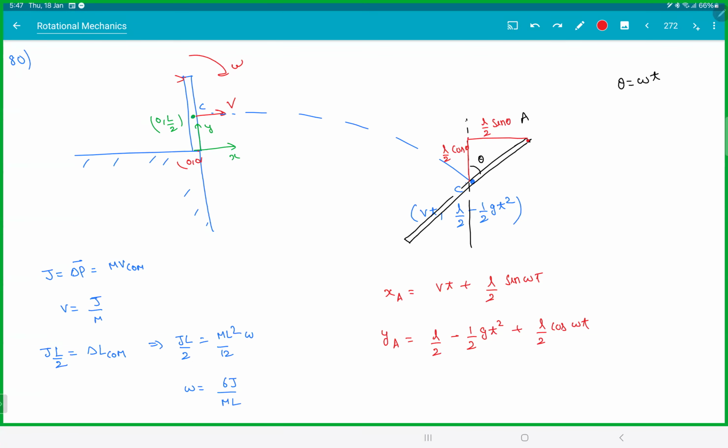So this ball is going with U and rotating with omega. Friction is mu, restitution is E. It's a solid sphere, with mass and radius given, and the ground is rough. So a ball collides with a rough floor as shown.